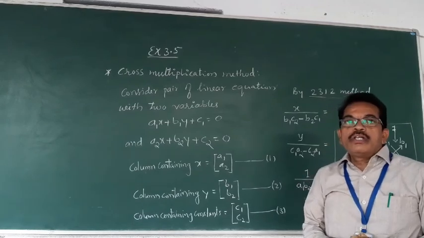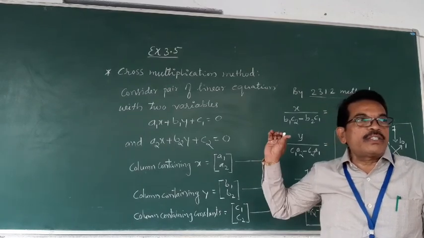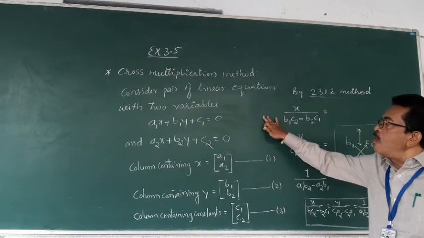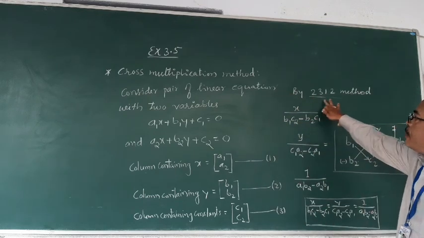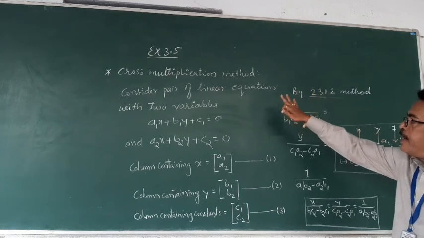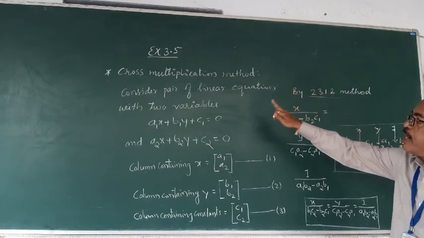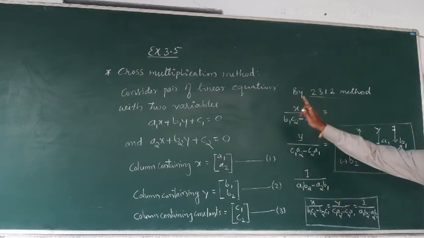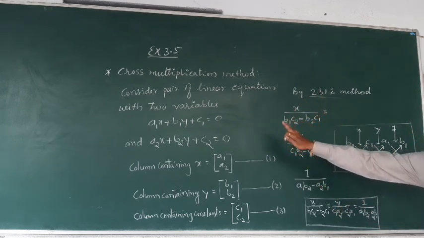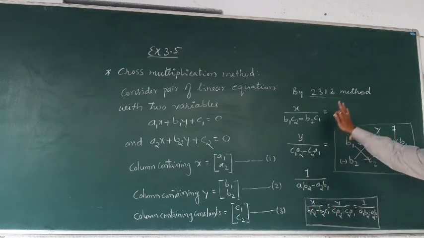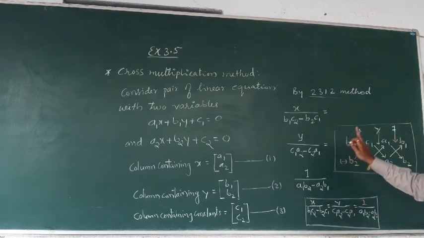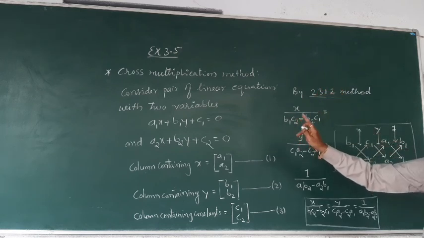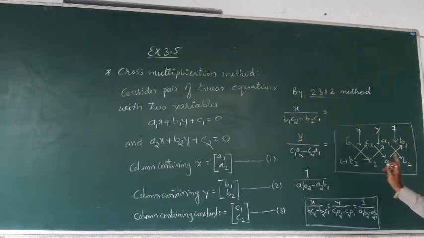So today there is a time limit for us, only 12 minutes. I have explained the cross multiplication method of solving the pair of linear equations. See attentively all the steps I have done and practice solving pairs of linear equations by the cross multiplication method yourselves.